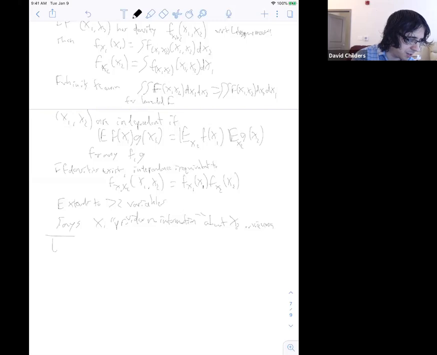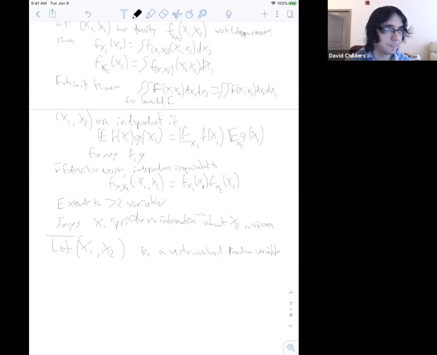So again, let x1, comma x2 be a vector valued random variable with density f_{x1,x2}.